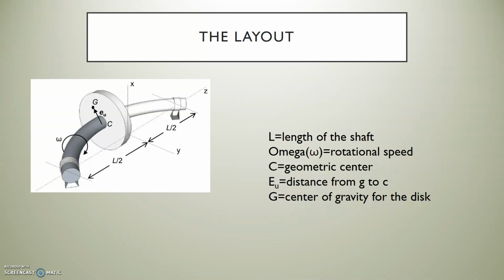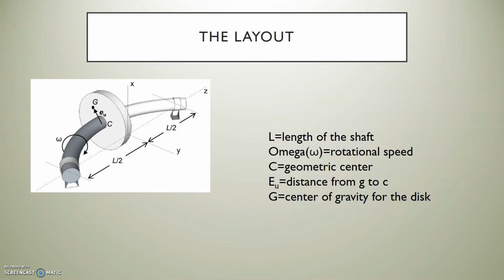So looking at a layout of the system, it is a disc centered on a simply supported shaft. The shaft would have length L, and the rotating disc would have a rotational speed defined as omega.